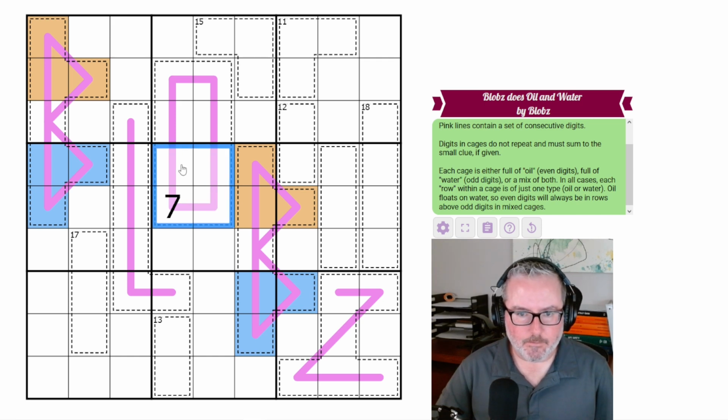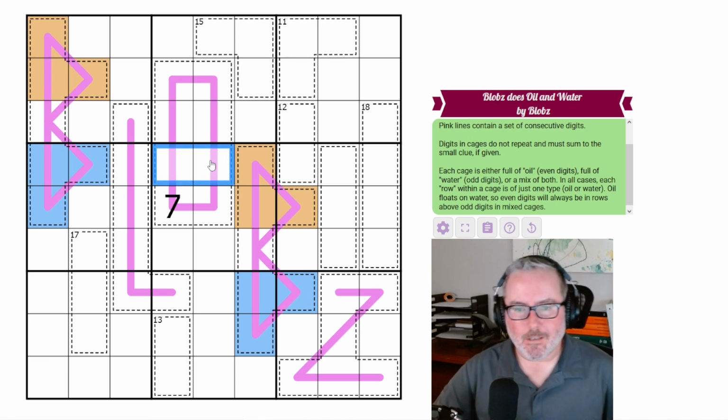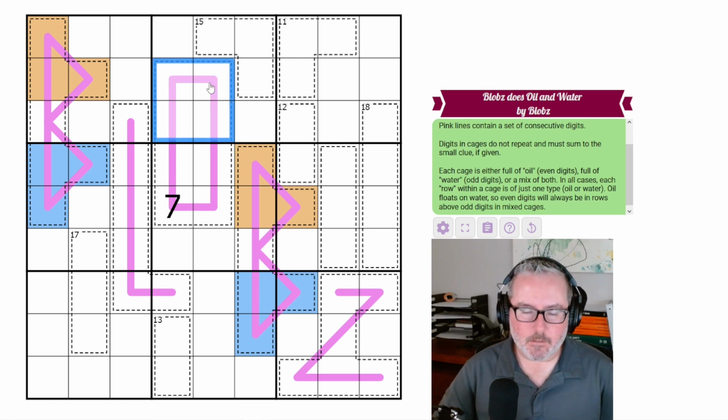So we can never go to 5 odds, because if we did, we'd have this weird section here. And we can't do that because each row must be of the same type. But if we were to, we can't go past 4 even digits because there are only 4 even digits, and we can't, again, do 2 evens here.